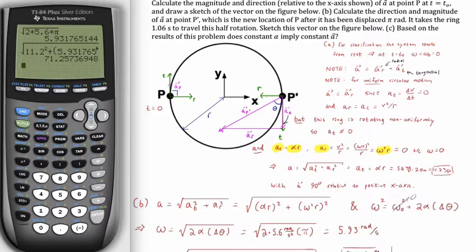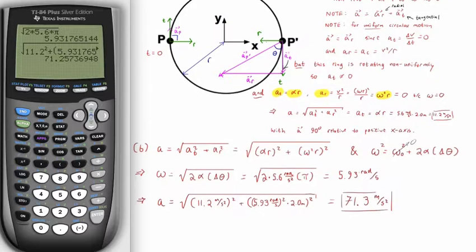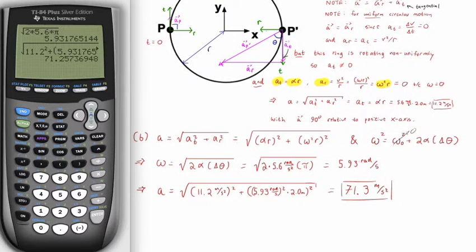Okay, so it just says calculate the direction and magnitude of a. Well, we'll stick with giving the direction relative to the x-axis because that's the way we gave our last angle, which was 90 degrees. So we want to report the angle that the total translational acceleration makes with the positive x-axis, which is not the one shown here.